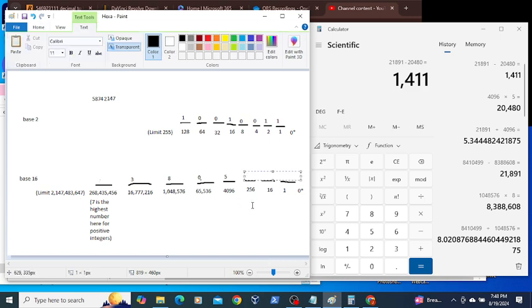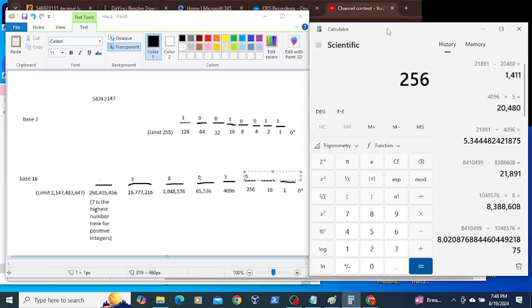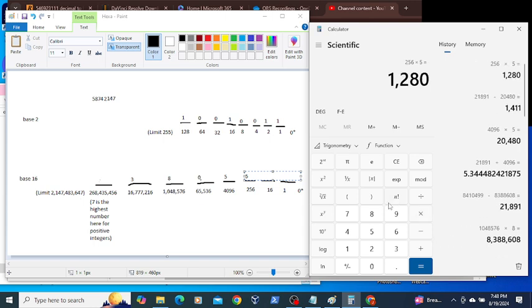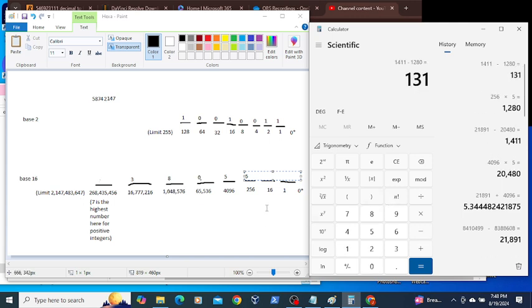256 times 5 is 1,280, I believe. Yeah. So 1,411 minus 1,280 is 131. Let's see if I can do that one in my head. 80 plus 32 is 112.